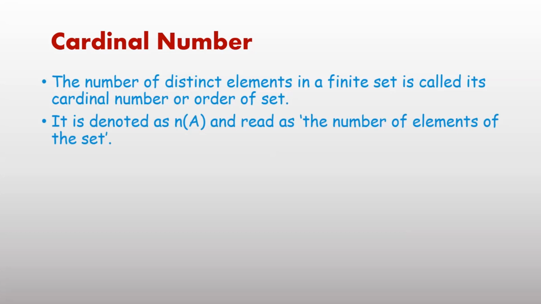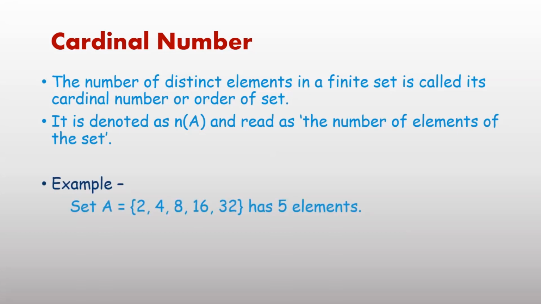Therefore, cardinal number is also known as order of set. It is denoted by n(A) and read as number of elements of set A, or cardinal number or order of set.